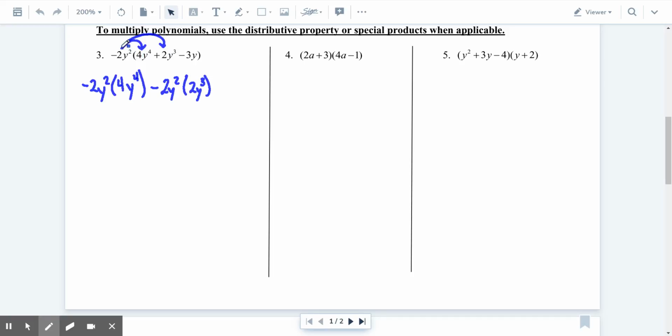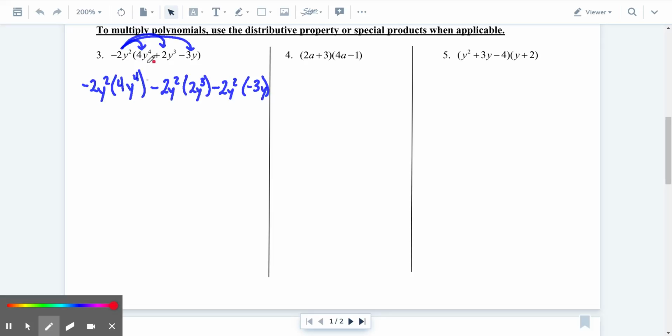And lastly, we'll take our negative 2y squared times negative 3y. Okay, so we have distributed the monomial negative 2y squared to all three terms in our parentheses here. And we just need to simplify to finish this up.